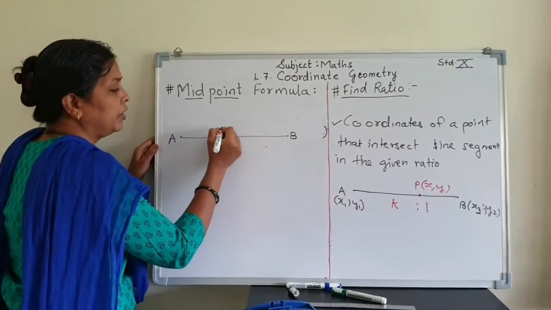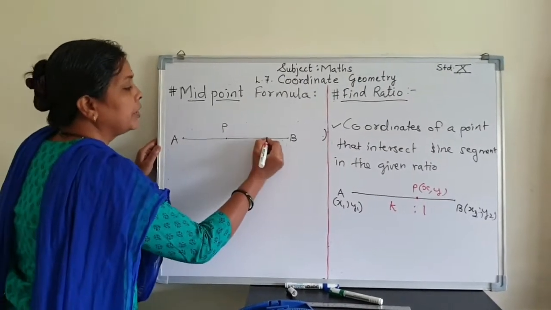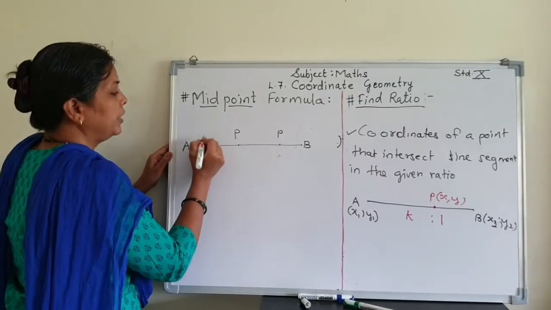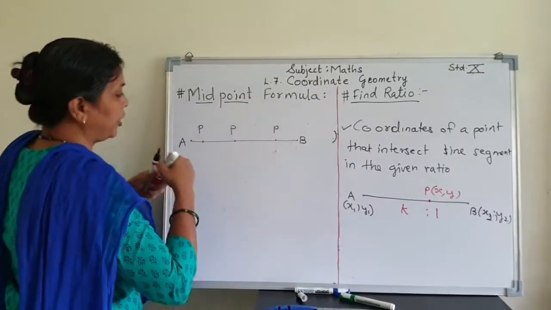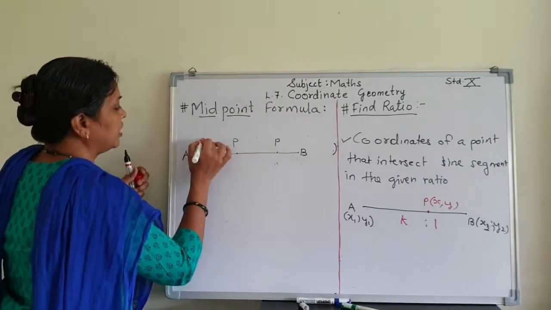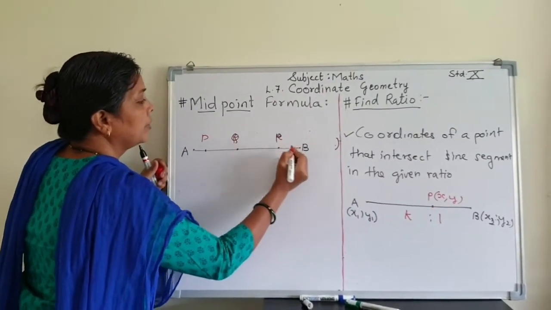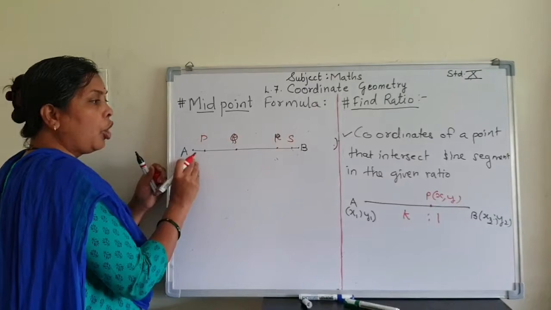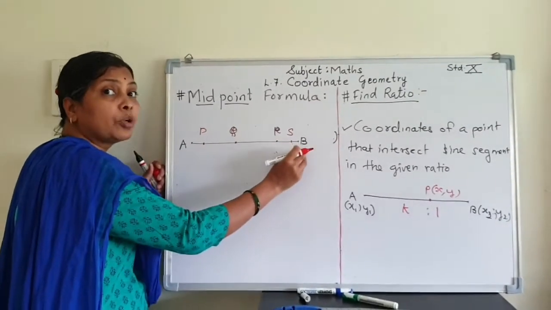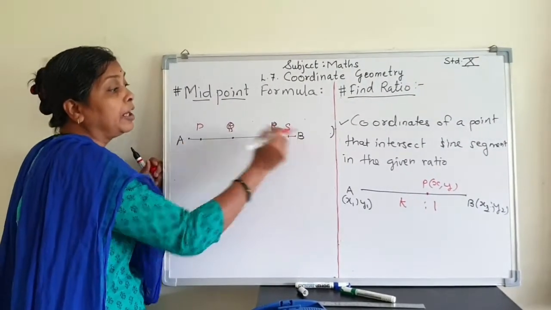That point could be here, could be here, could be here. So anywhere the point could be. I'm just giving different names: P, Q, R, S. All these points P, Q, R, S, you can see they are between A and B.